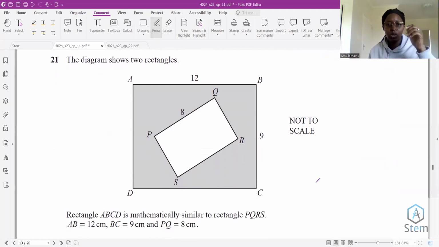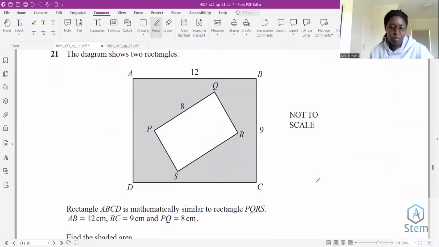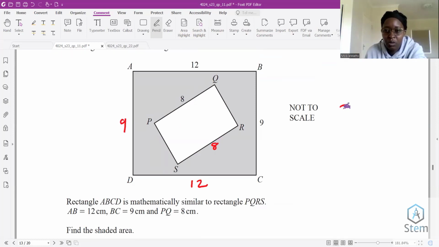The diagram shows two rectangles. Rectangle ABC is mathematically similar to PQR, that is inside. AB is 12 and BC is 9. So this is 12, 9. Then PQ is 8, so this is also 8 there. 8 is to 12.